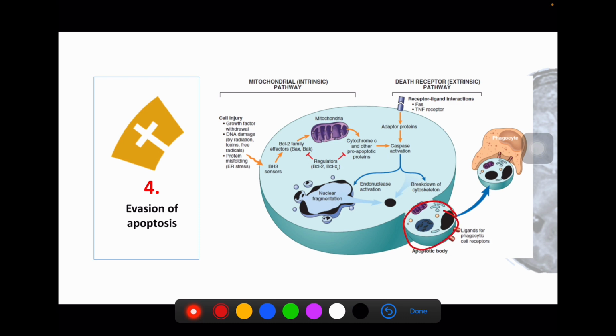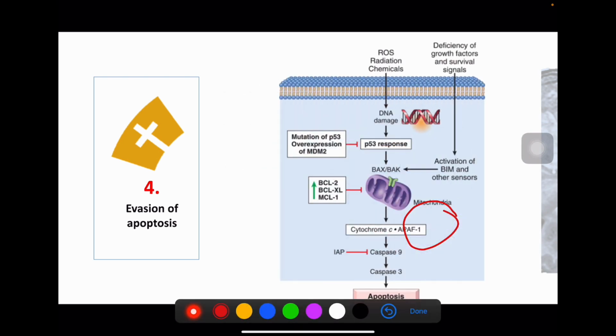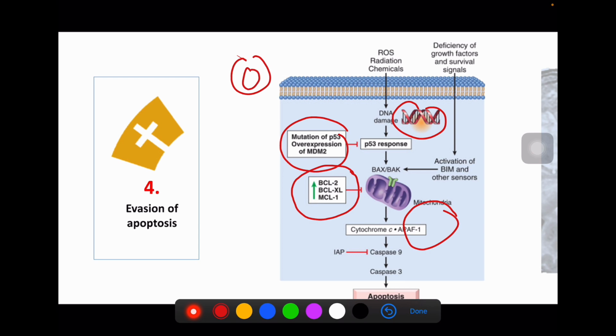The normal process that controls this involves BCL2, BCL-XL, and MCL1, as well as p53. When there's damage to the DNA, cells are supposed to die, and this is helped by p53 and BCL2.